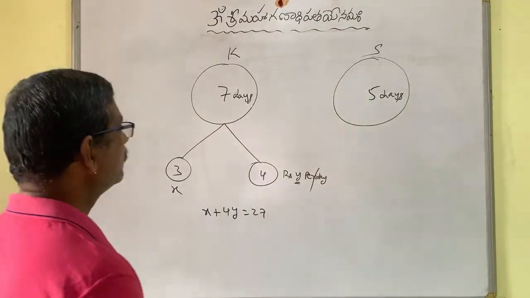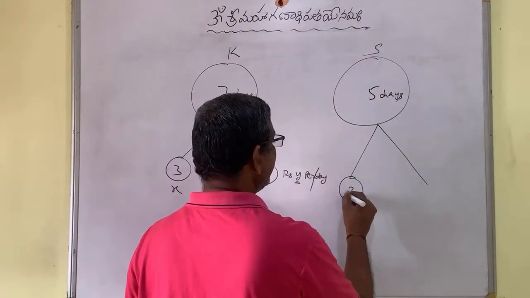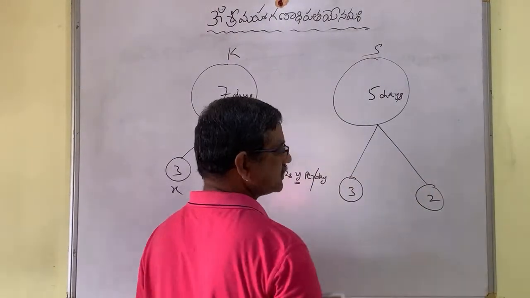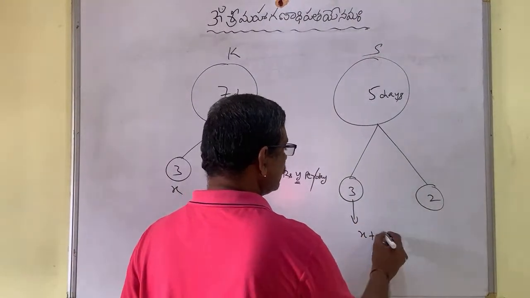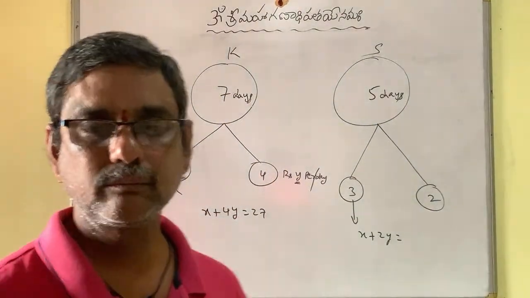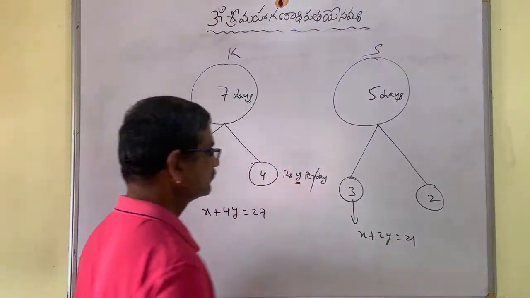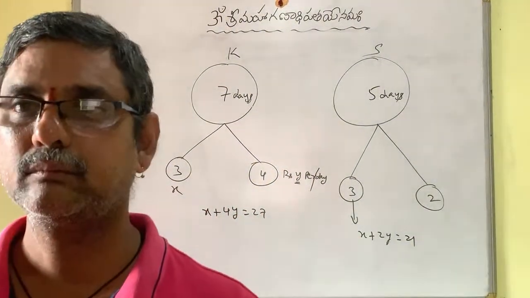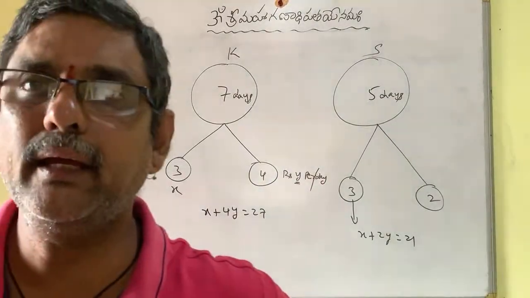Now here also, see, 3 days, 2 days. For 3 days X rupees and for 2 days 2Y rupees is equal to 21. Okay?